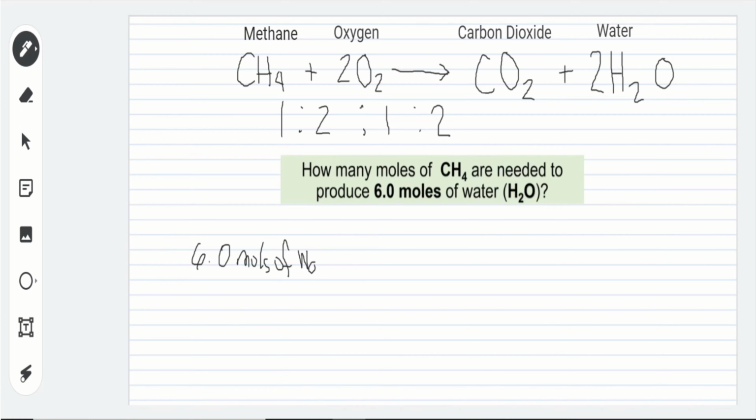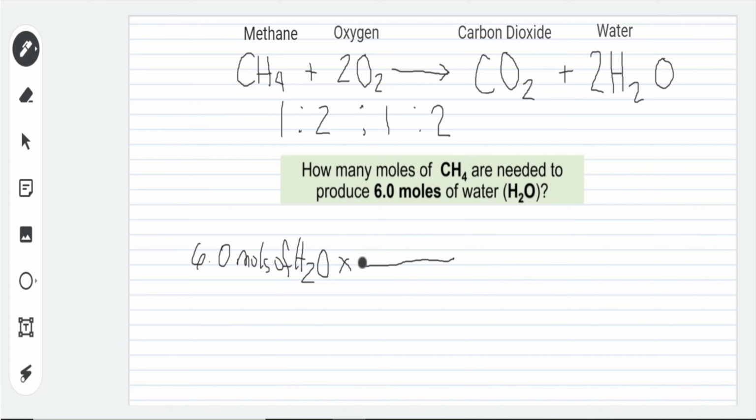Sorry, let me just write the symbol of water. And of course we will be using the ratio here. Remember, what we are looking for goes in the numerator because this is in fraction form, and the unit we want to cancel goes in the denominator.